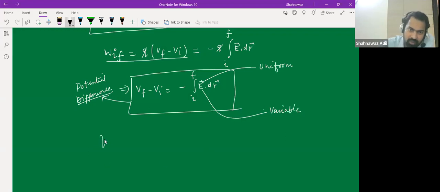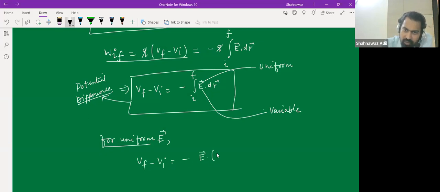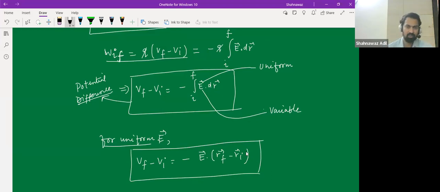So for the uniform case, my potential difference, which is V final minus V initial, this is simply minus E dot (R final minus R initial), right? So I'm not doing any equation because we have done so many questions based on this. So yes, this is due to the uniform electric field.